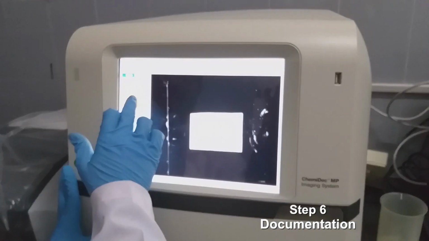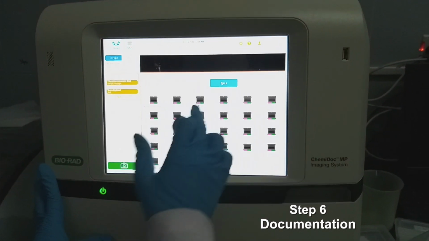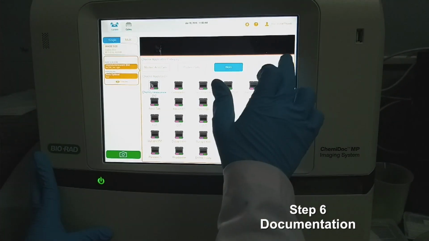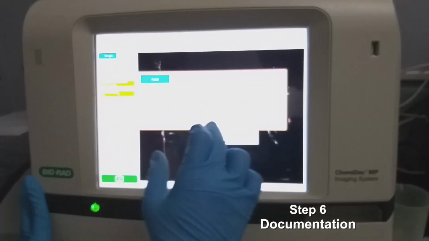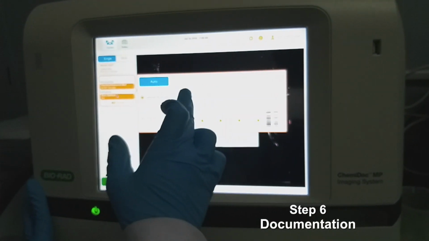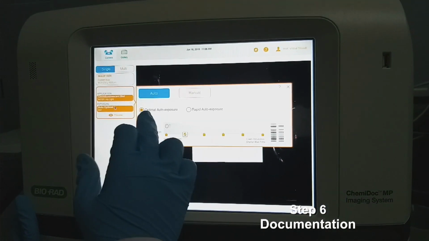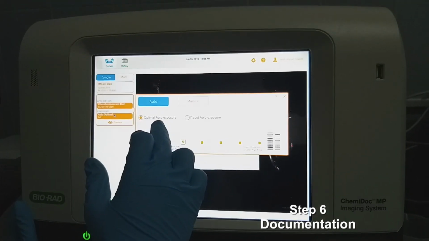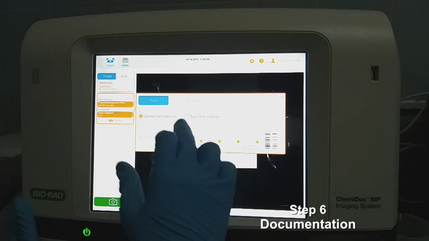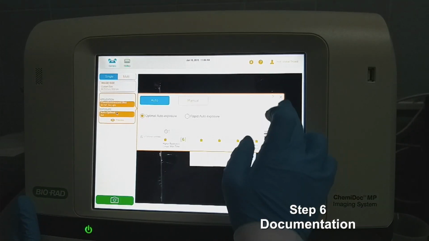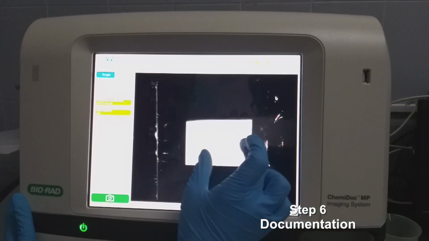Here we have to select the application. We want blots, that is chemiluminescent, and then what exposure we want. You have two options: manual and auto. In auto, two options are there: optimal auto exposure and rapid auto exposure. We will choose optimal auto exposure.